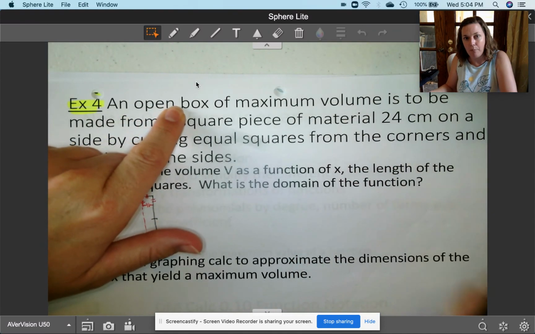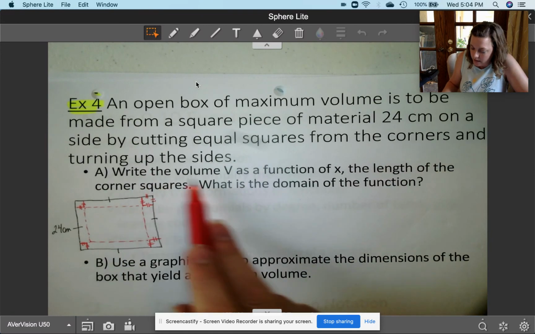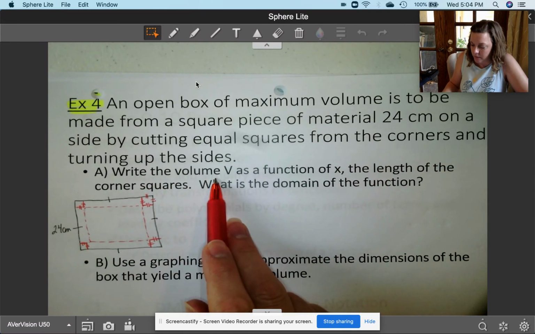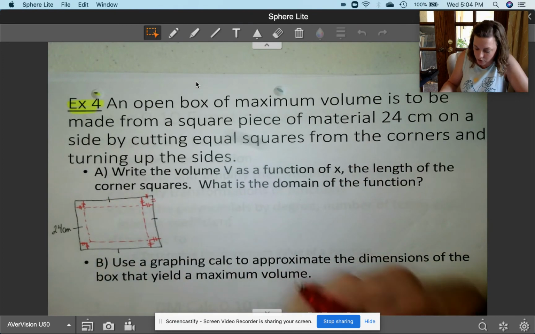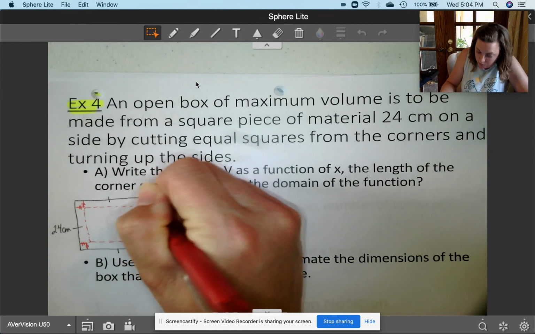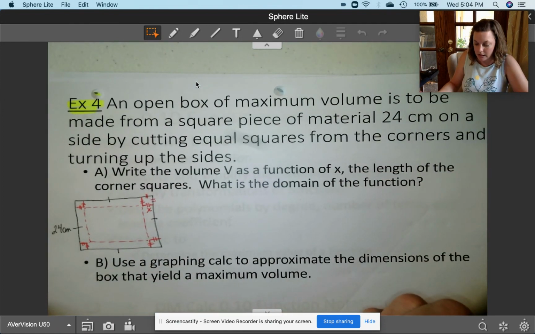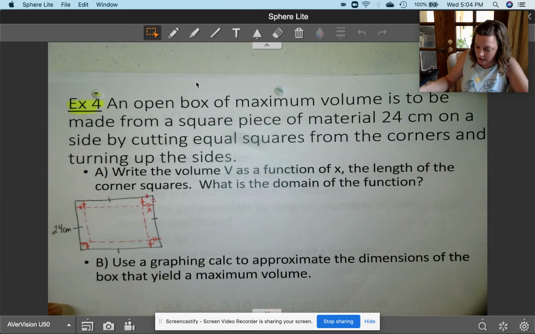Open top box. All right, write the volume V as a function of X, the length of the corner squares. So these little lengths here that they're removing are length X. So what's going to happen is we're going to fold up those sides and we're going to get this box.